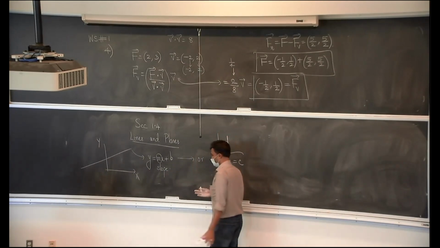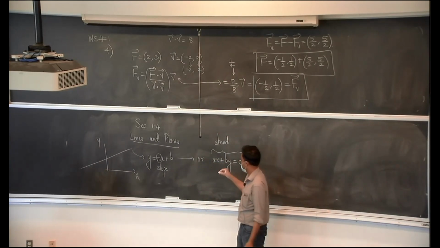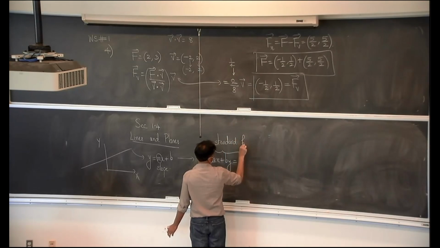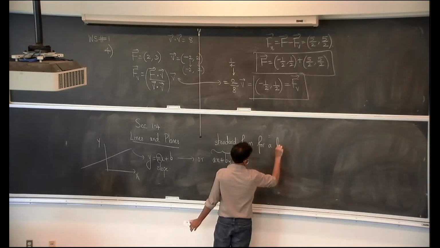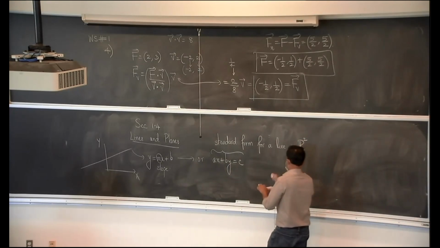It's not very popular because usually people want to think about it in terms of slope and intercept because it's easy. But the standard form for a straight line in R2 is this one.